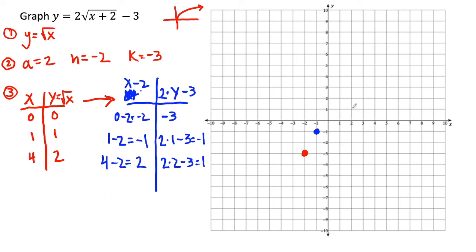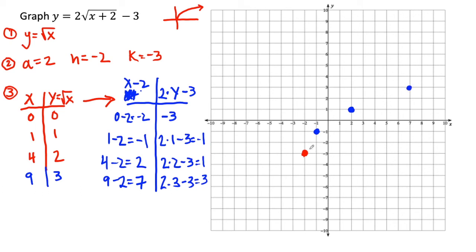And so at the point 2, 1, I have another value. I'm going to do one more. If I plug in 9 for my parent function, I will get a 3 out. And so when I do 9 minus 2, I get 7. When I do 2 times 3 minus 3, 6 minus 3 is 3. And so at 7, I'm at 3.